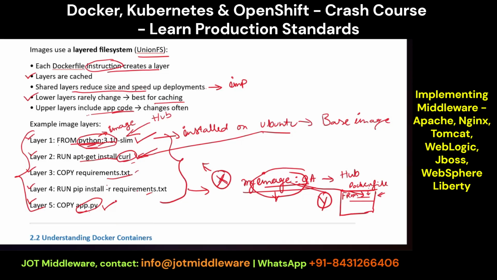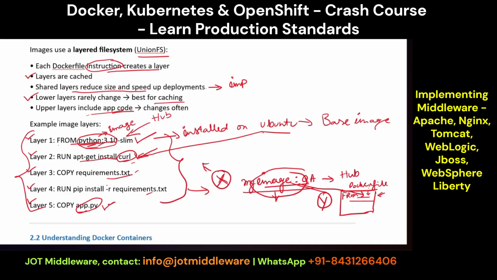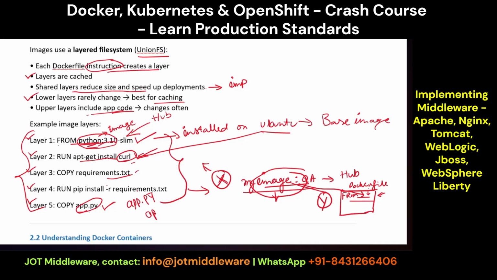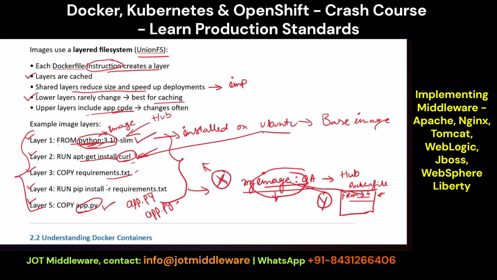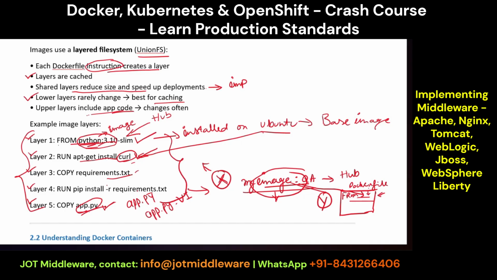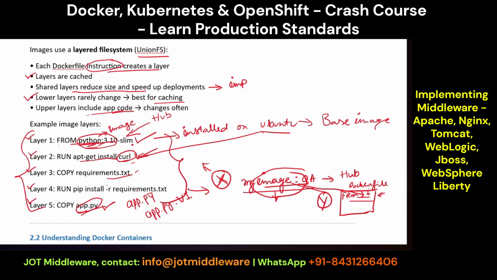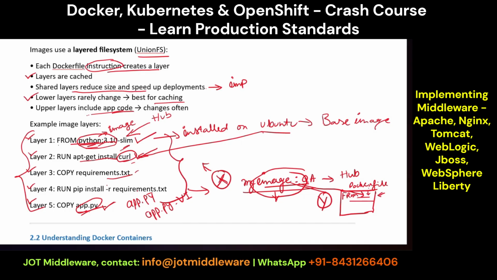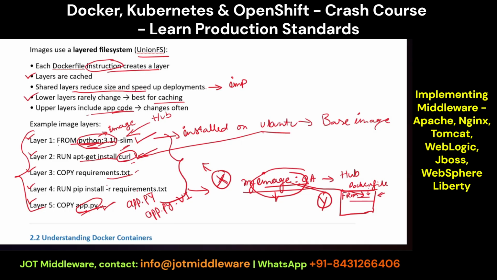You copied the script that will run. So this includes application code. And what if now you have deployed app.py? Let us say after a few days, you got another version, app.py version 1. So only the last layer gets changed, not the lower layer. So lower layer is this one. Upper layer is this one.